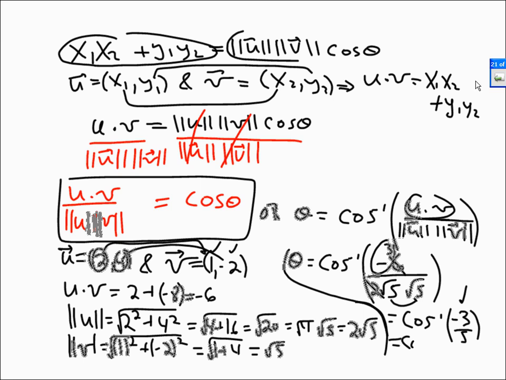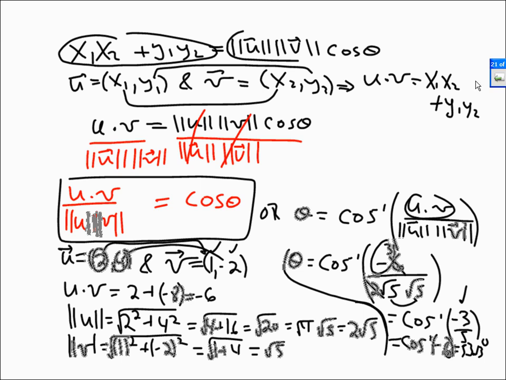You can calculate it that way, or you can say 3 over 5 is 0.6. The cosine inverse of negative 0.6, according to my trusty calculator, is 53.13 degrees.